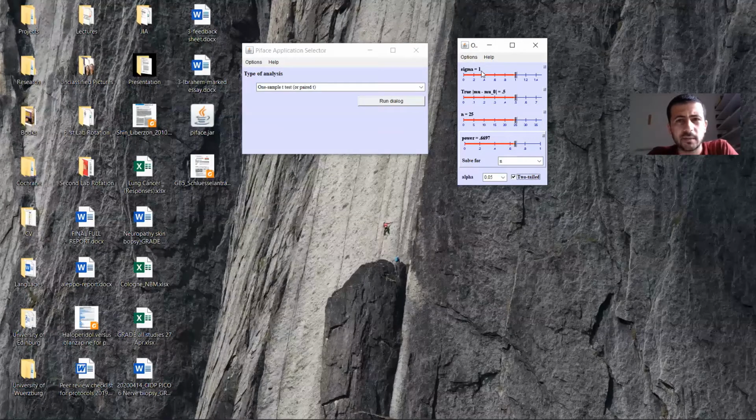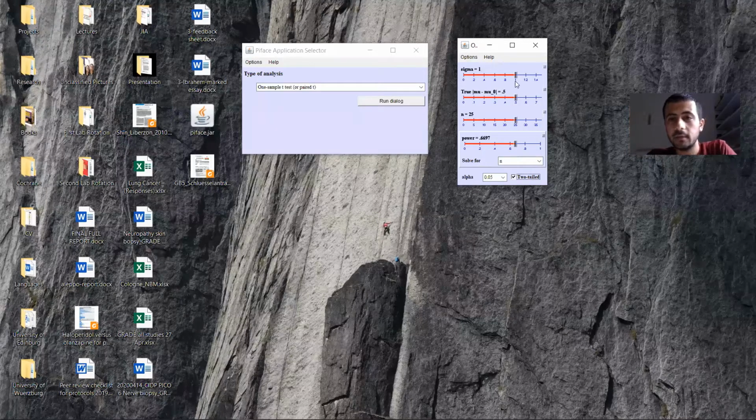Okay, but 1 what? Actually, in this calculator, they do not need any information about this. Yeah, no, the sigma is the standard deviation, but they are asking how big is the standard deviation.